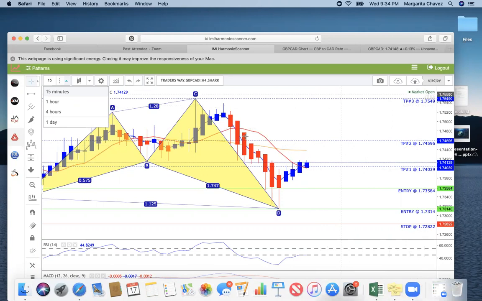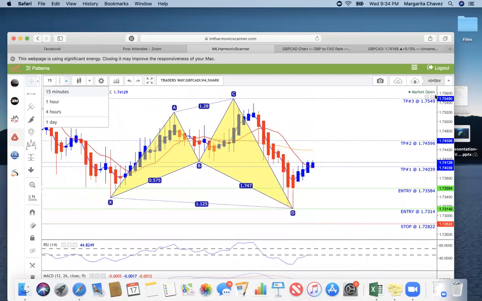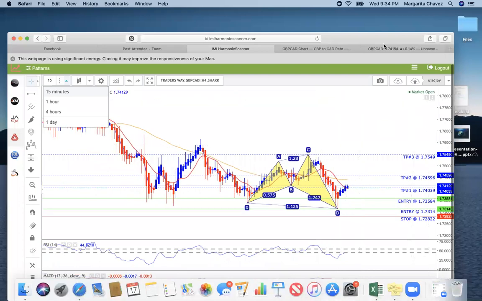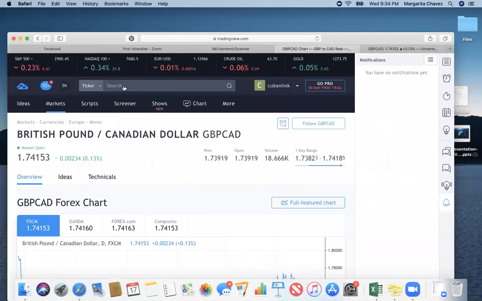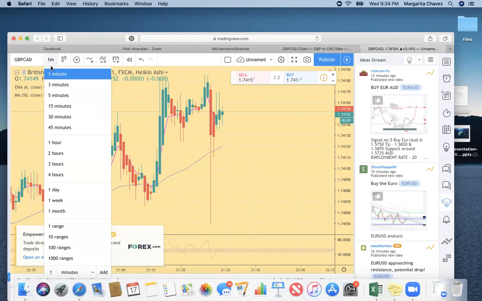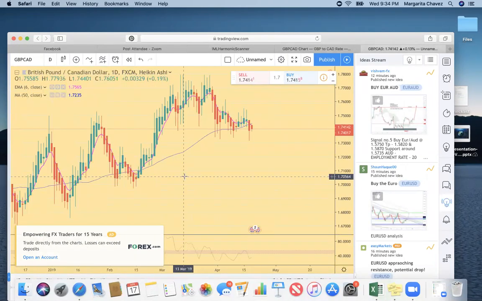Here, I don't know. How do we know if it's going to go to take profit 3? What's the best way to predict it? I think the best way would be to go to TradingView, look at the whole day and see what's been going on.